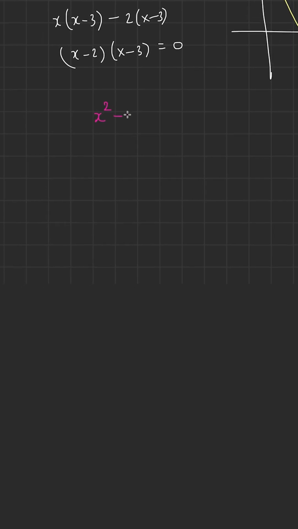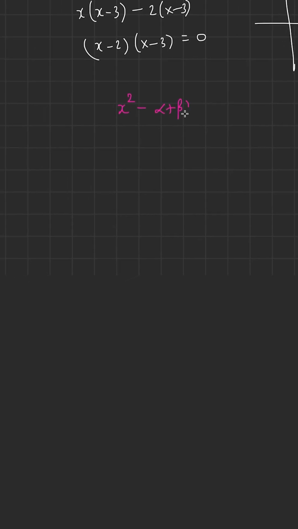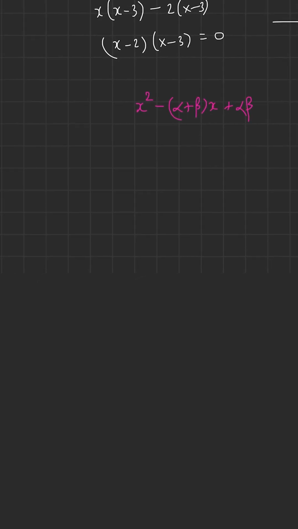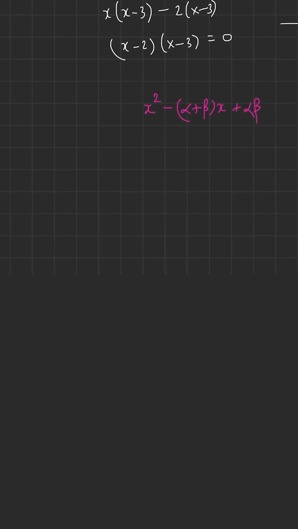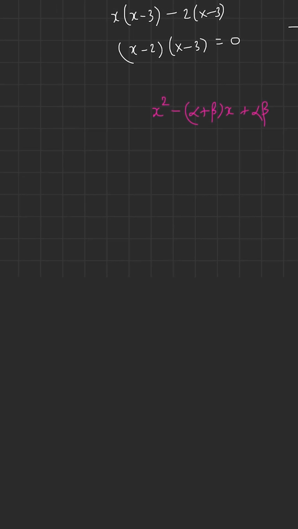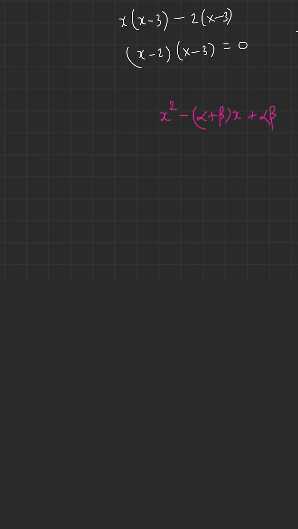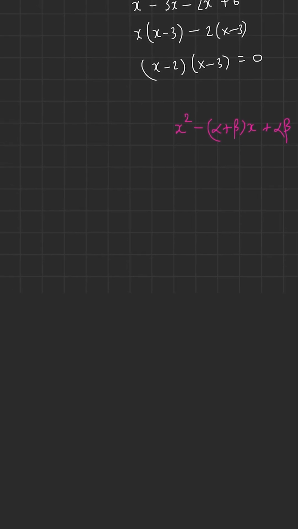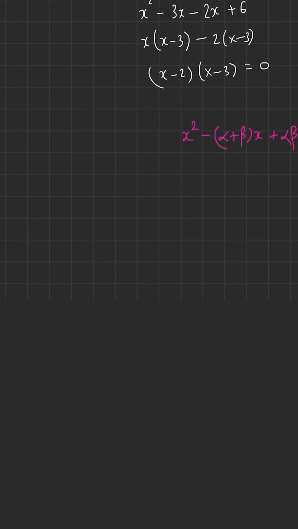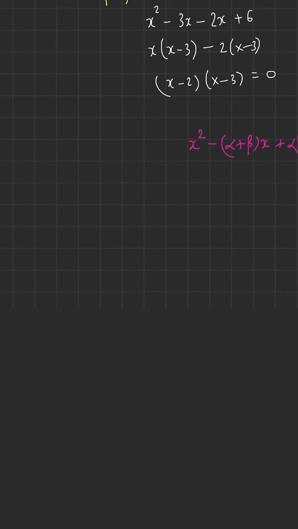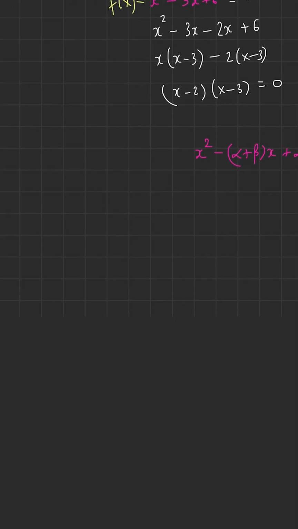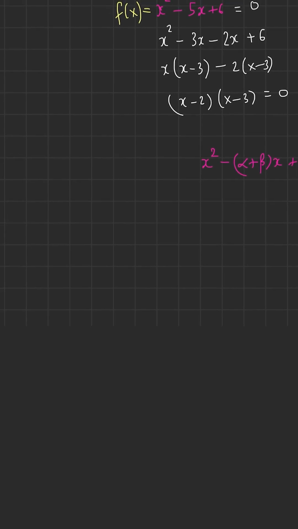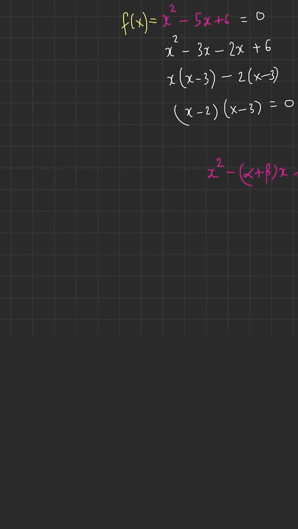As I have already mentioned, it is x square minus alpha plus beta times x plus alpha beta. So in ax square plus bx plus c, if you are given this quadratic equation, then you can say minus b upon a is your sum of roots alpha and beta, and c upon a will be the product of roots alpha beta. So this is nothing but the Vieta formula. This is a basic thing you should know about quadratic equations.